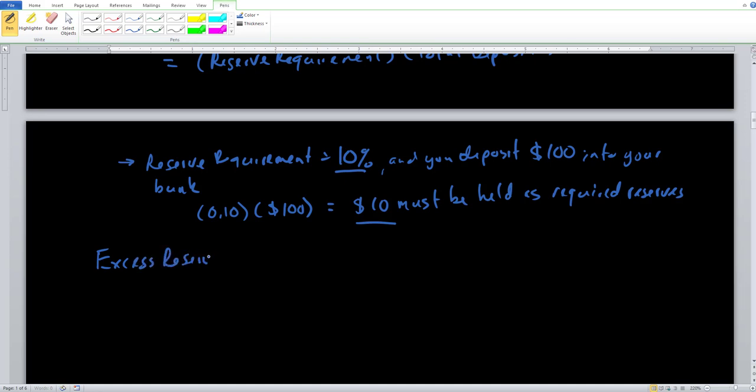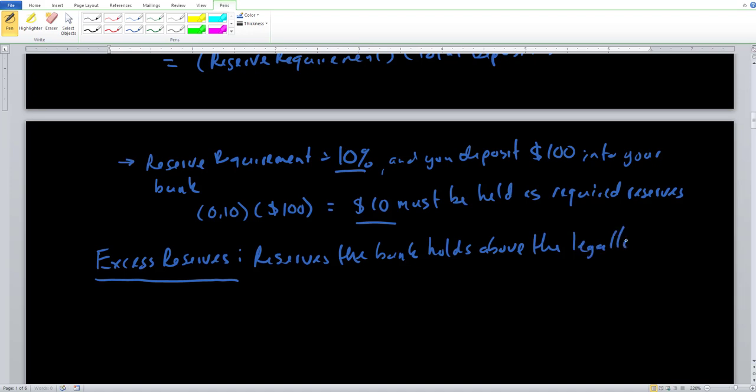Excess reserves are essentially what the bank holds above the legally required amount.